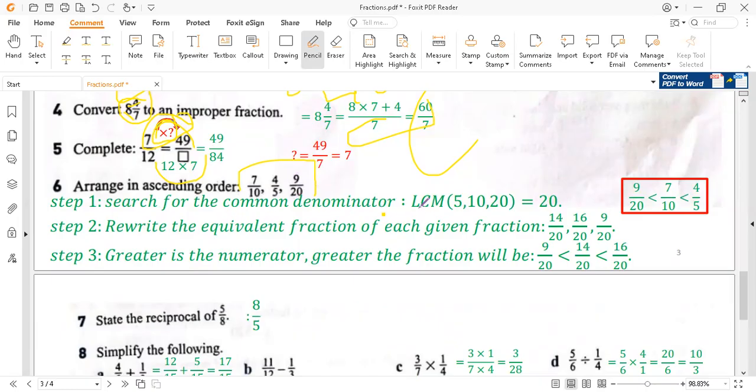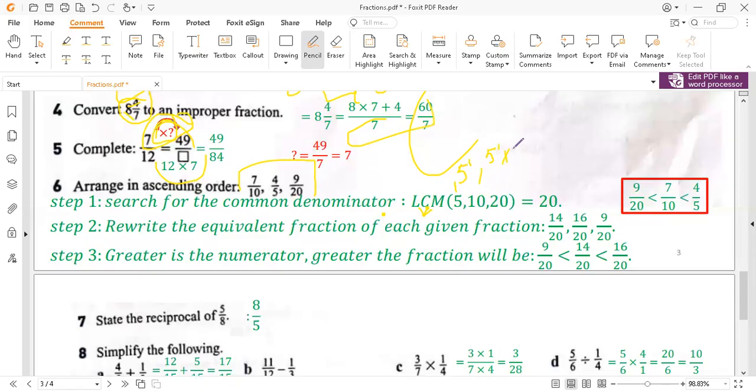Normally we can easily find the lowest common multiple between 5, 10, and 20. The 5 can be written as 5 power 1, and 10 can be written as 5 power 1 times 2 power 1.